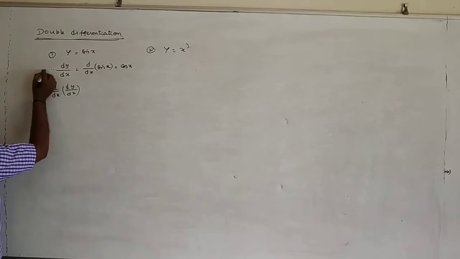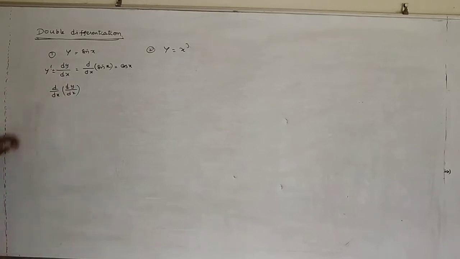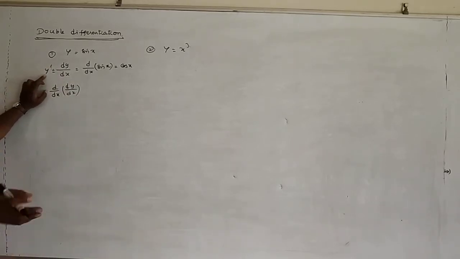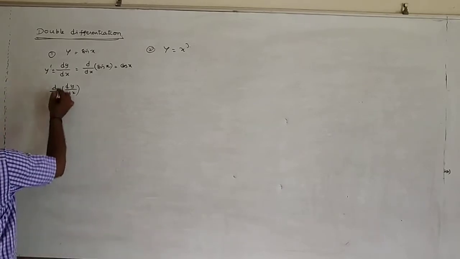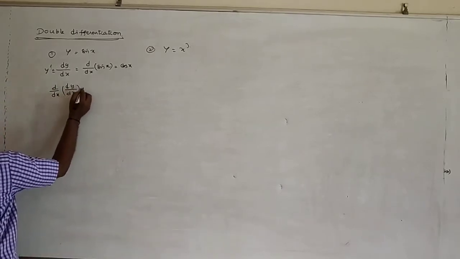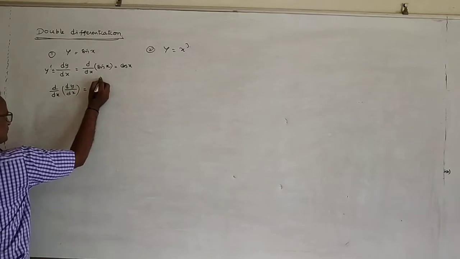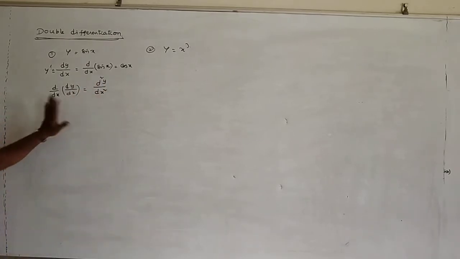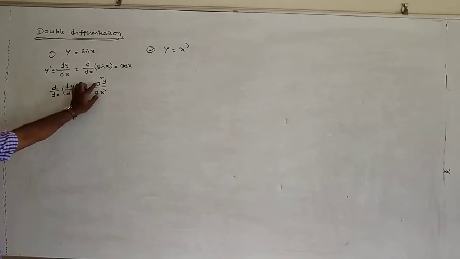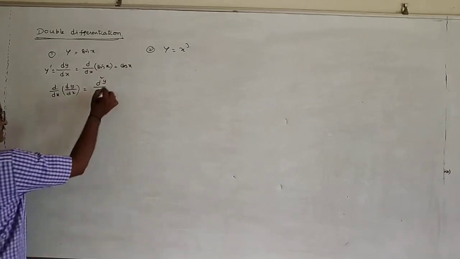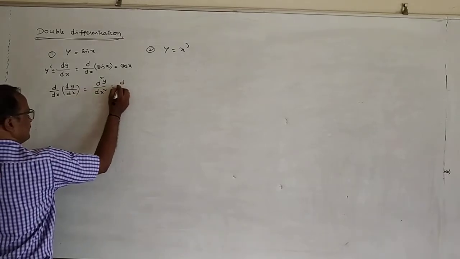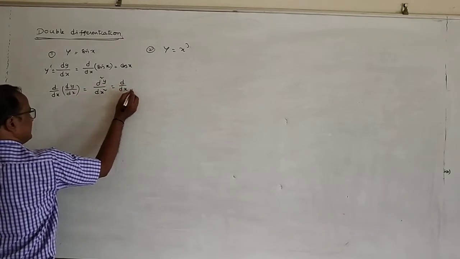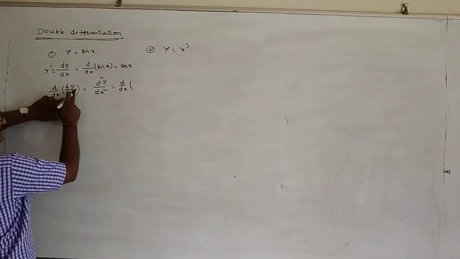Suppose this value can be written as y dash. y dash means derivative of y, the first derivative of y. d by dx of dy by dx can be written as d square y by dx square. We write it like this: d by dx of dy by dx is equal to d square y by dx square.